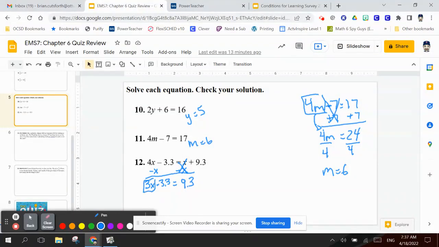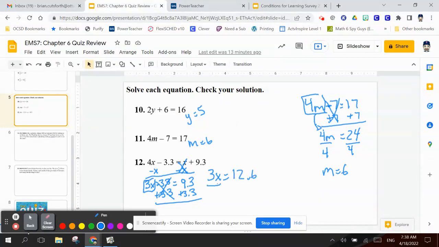So now I have my variable by itself. I want to do the opposite of subtract 3.3, which is to add 3.3 to both sides. 3.3 minus 3.3 is 0. I'm left with 3x. And 9 3/10 plus 3 and 3/10 is 12 and 6/10.